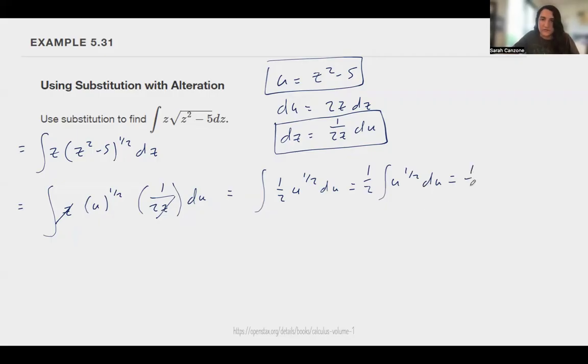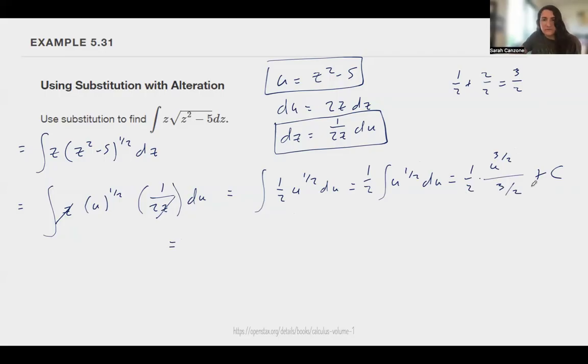Sometimes I'll even forget that when I'm doing this, like it just kind of sits there and then you forget about it. So just rewrite it, multiply by, stick our u in there, up a power, 1/2 plus 1 is 1/2 plus 2 over 2, which is 3 over 2. So it's u to the 3 over 2 over 3 over 2, plus c. We don't want to have a complex fraction, so let's rewrite this.